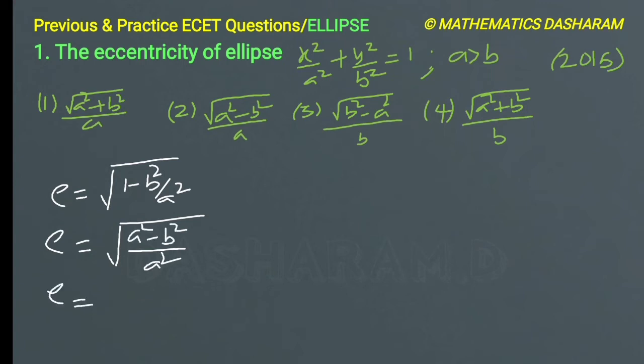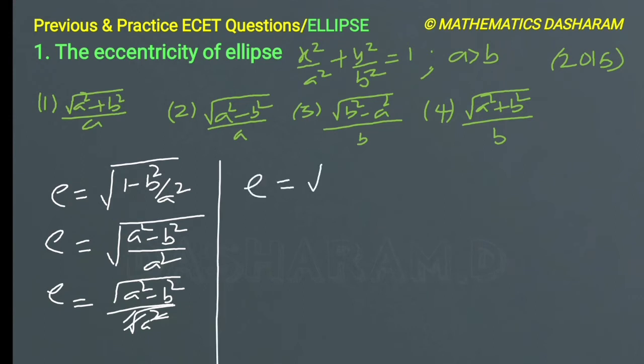Now apply the square root for the numerator and the denominator. So under root a square, the square root cancels, so e equals under root a square minus b square divided by a. So option 2 is correct.